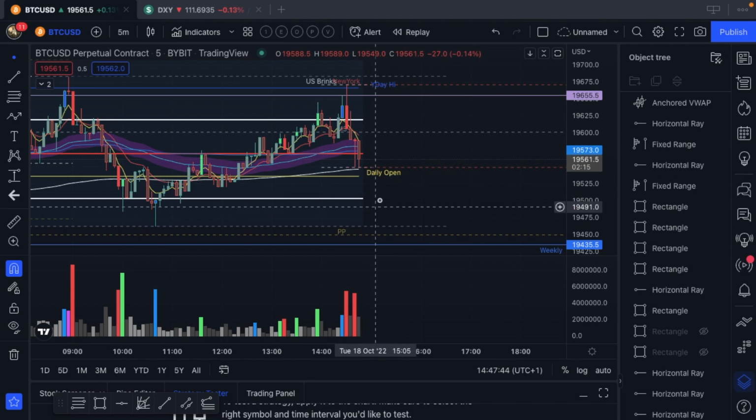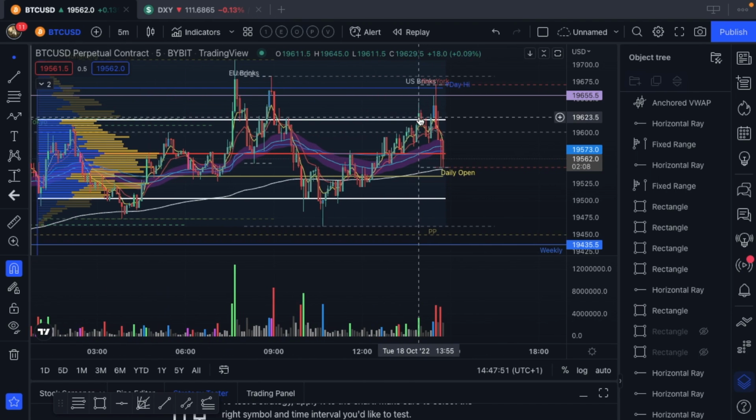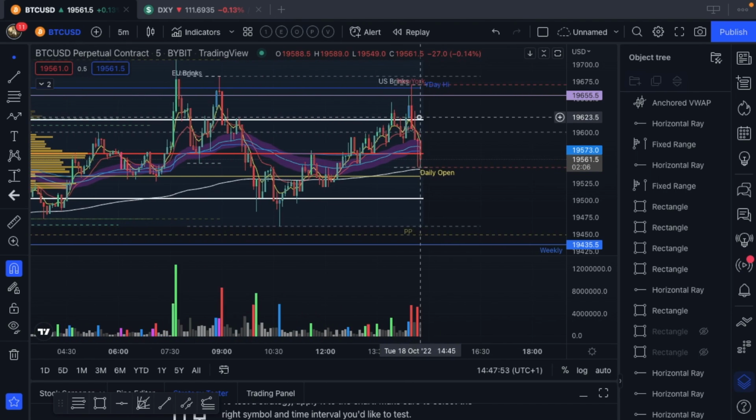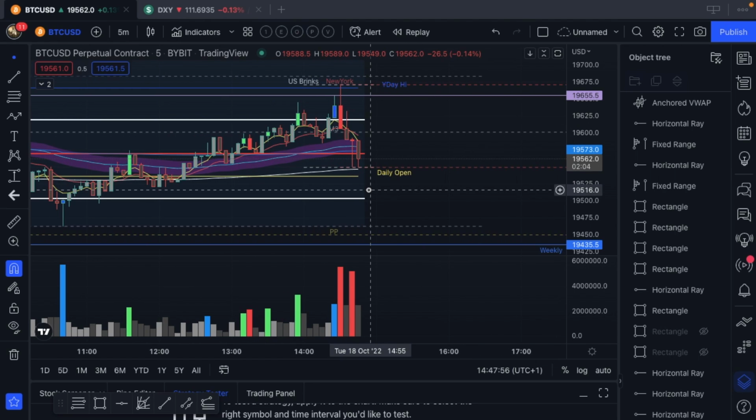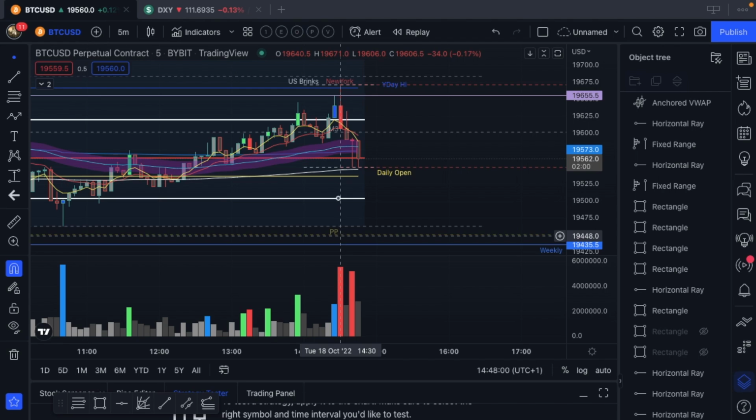We might just come down here and take out the value area low, or hit this pivot and turn it around. We have not hit that pivot point yet today. And one thing that I will say is these pivot points are gold the first touch. So take a look at that as well.